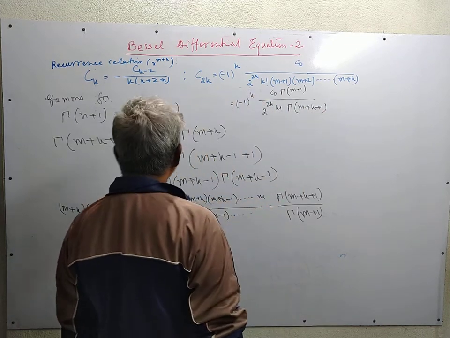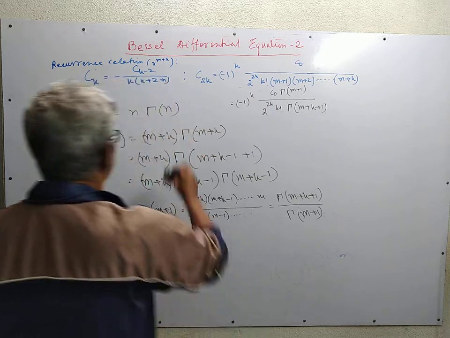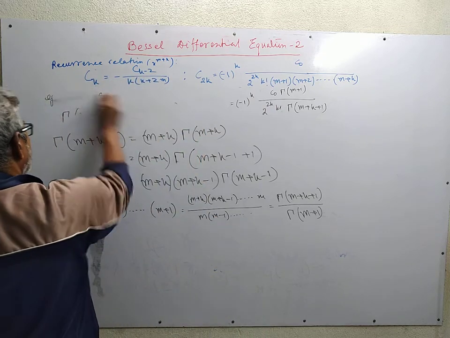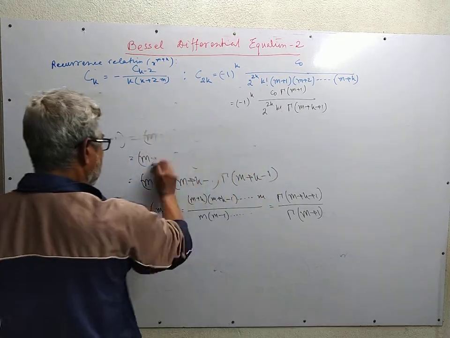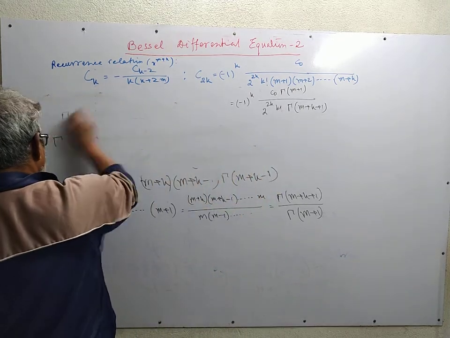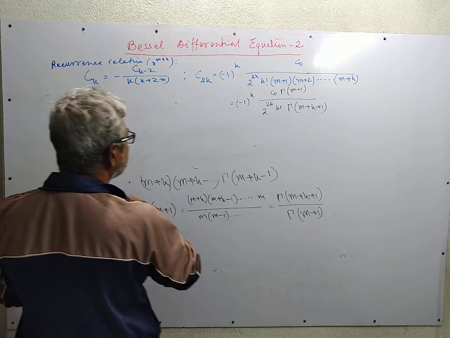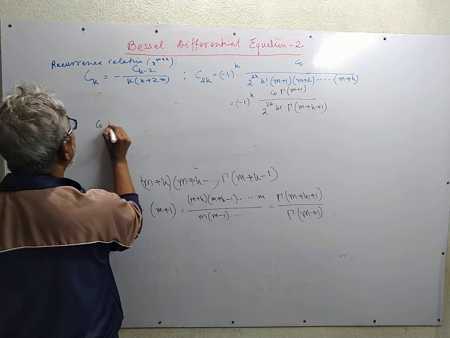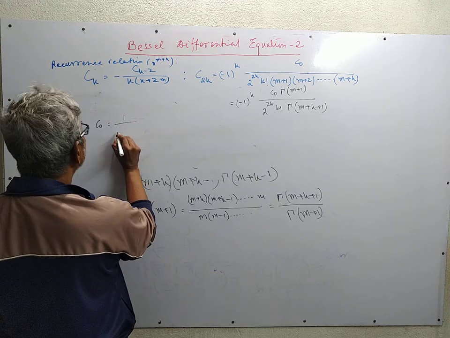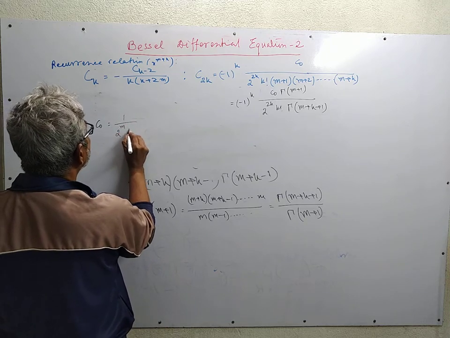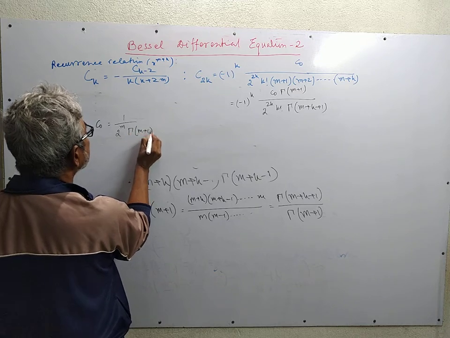Now for the choice of C0, one uses the value of C0 as 1 upon 2 to the power m gamma of m plus 1.